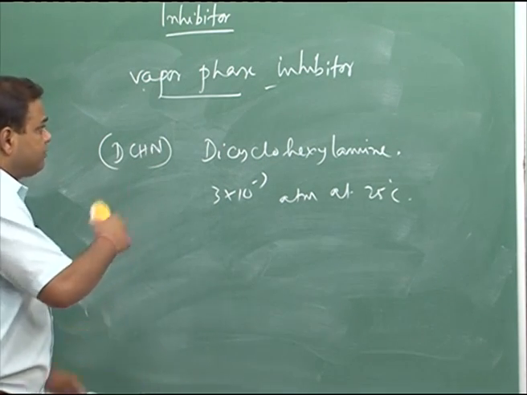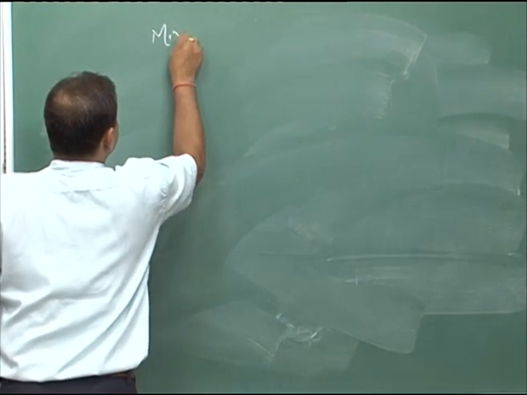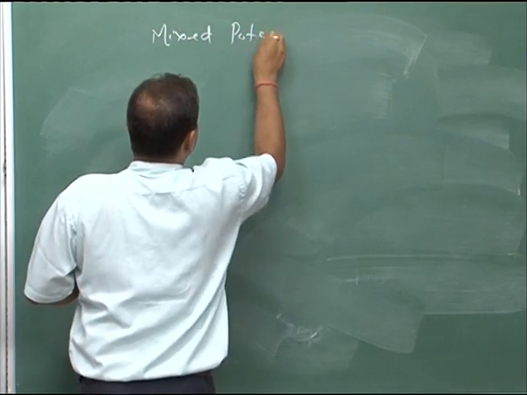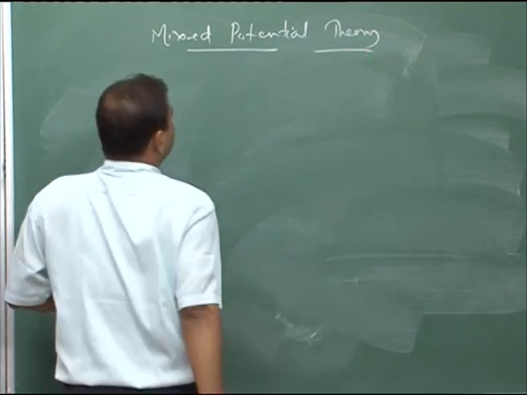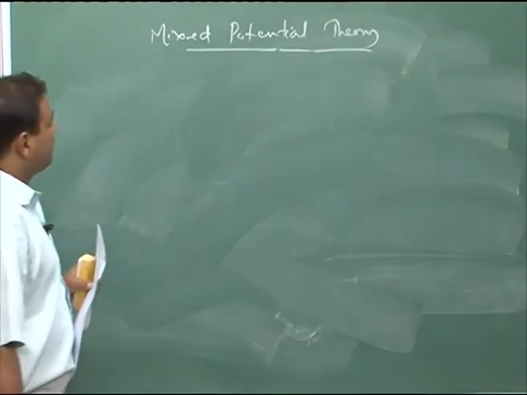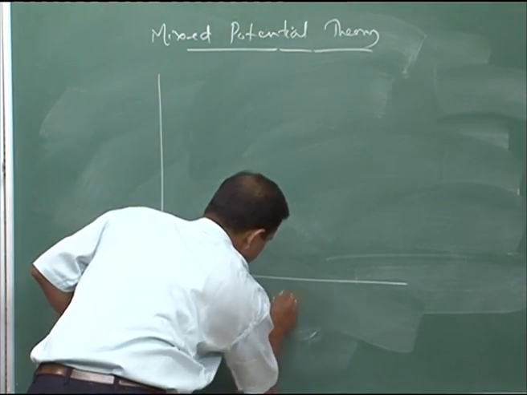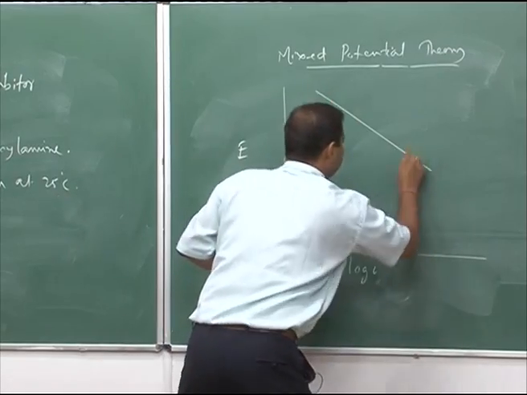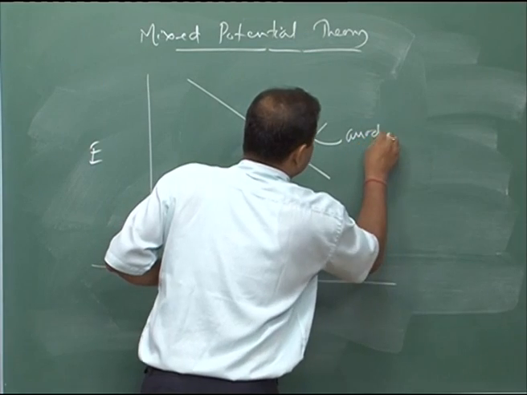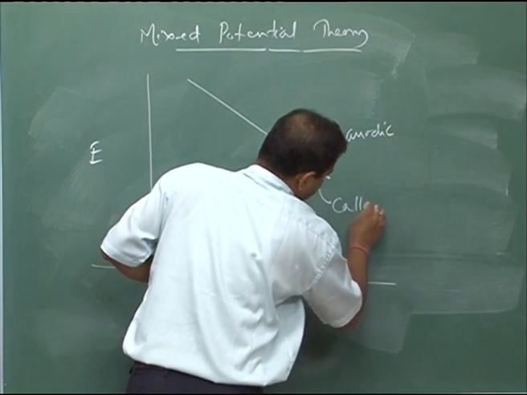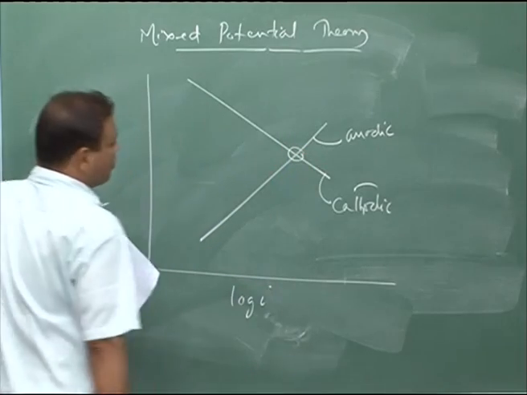Now, let us see the mechanism by which the inhibitor works from the mixed potential concept. Backing mixed potential theory on the inhibition effect: for example, we have this log I versus E plot. These are my two reactions. This is my anodic polarization, this is the cathodic polarization, and this is the corrosion rate.